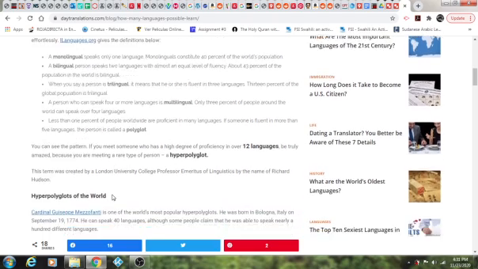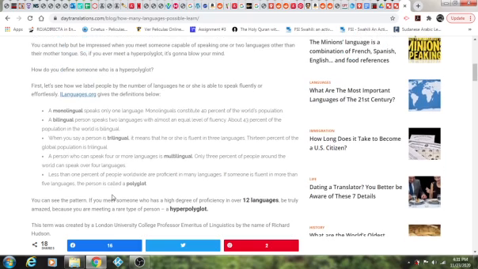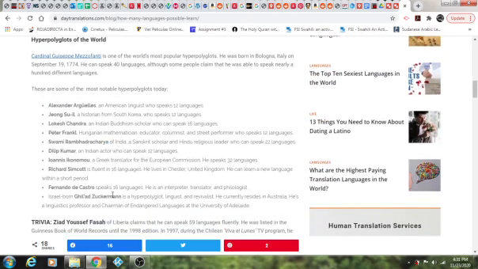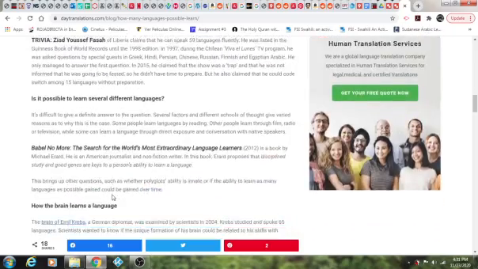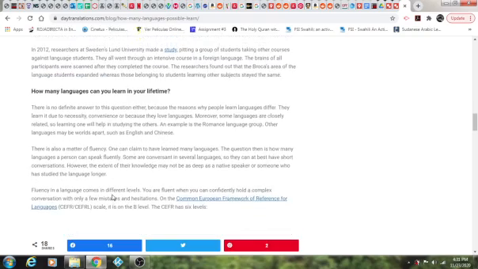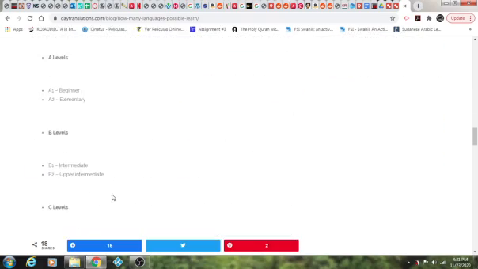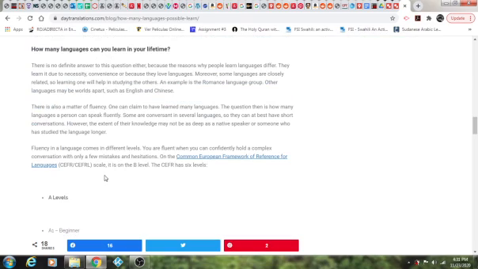All right, so before getting into this, we have to define what is meant by speaking a language. What do you mean by you know a language or you speak a language? So, according to this, when you say you can speak a language or you know a language, people usually understand that to mean fluency, some kind of fluency, right?